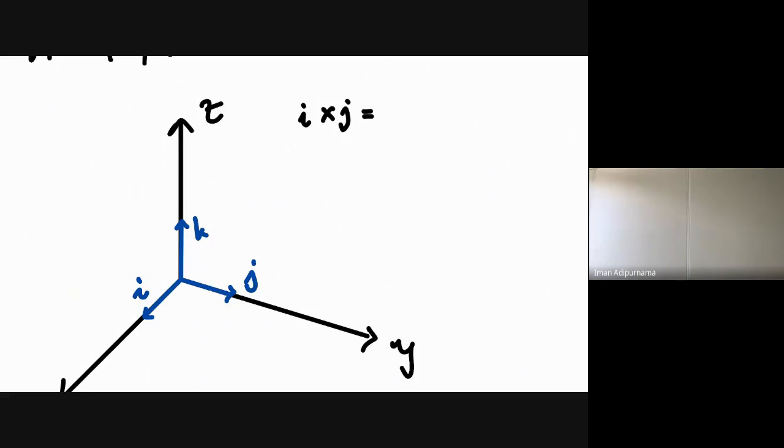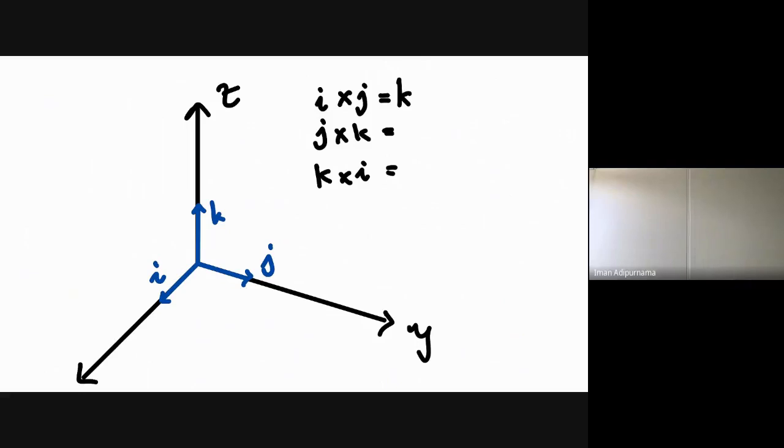So we say that I cross J is K, and then J cross K, K cross I. The same way, you look at J, crossing K, it's going outside, becoming I. And then K cross I, the same way, it's going over there, J.